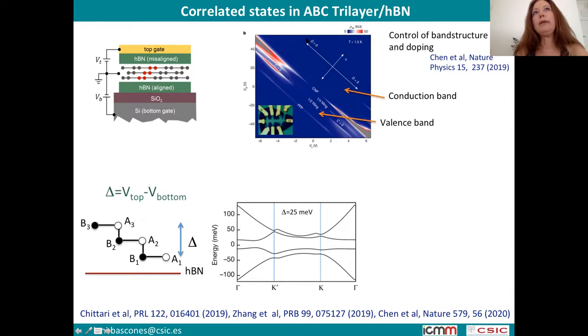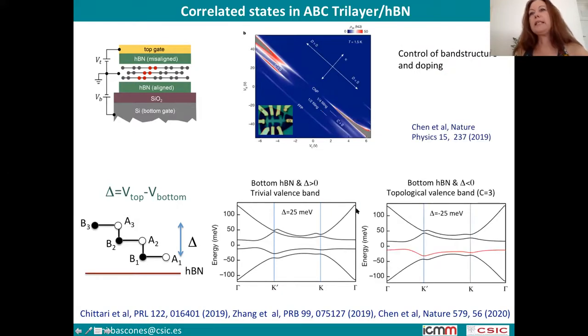Also, in this direction one is changing the sign of the electric field, and you can see that there is a clear difference between a positive and a negative sign. An interesting aspect of this system is that, depending on whether the boron nitride is aligned with respect to the bottom layer or the top layer, and playing also with the sign of the electric field, this valence band can be topologically trivial, or it can be topological.